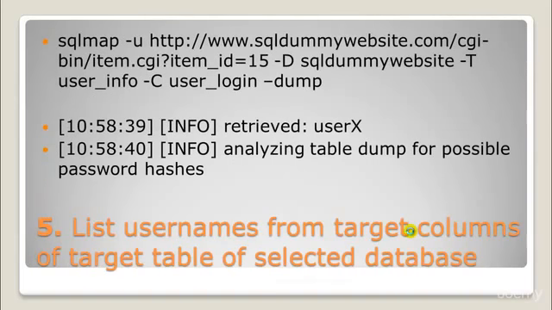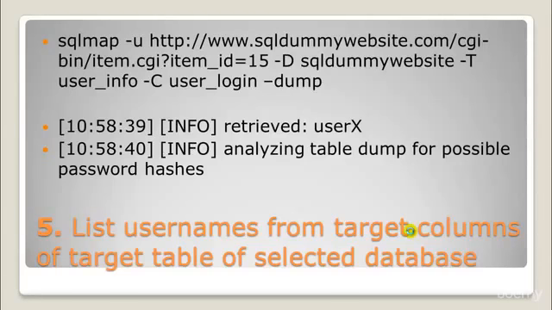So the next step would be to list usernames from the target columns of the target table of the selected database using SQL map injection. SQL map makes this easy. For us to do that, we need to run this specific command: sqlmap -u and so on -D SQL dummy website -T user info -C user_login --dump.